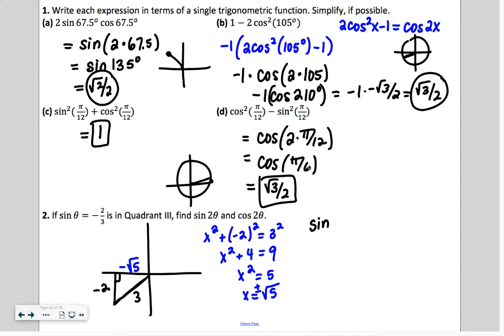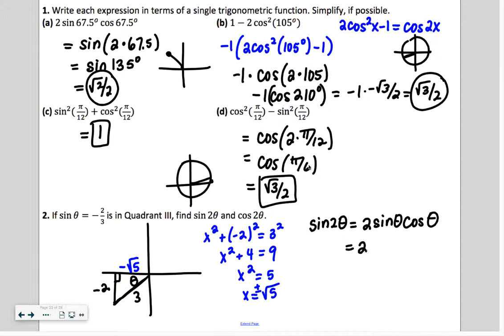So then we have sine of 2 theta. And this is tricky because this is just theta. This isn't 2 theta. We drew the picture for an angle of theta. So whenever we're using this picture, we need everything to be theta, not 2 theta, right? So we say sine of 2 theta is 2 sine of theta cosine of theta.